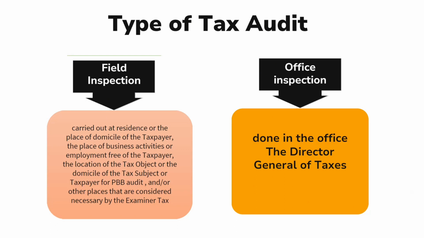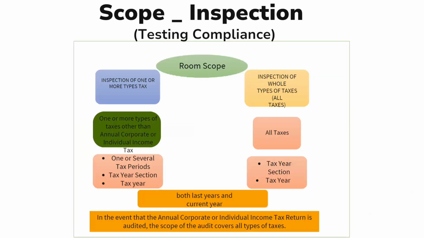Okay, the next is the scope of inspection or tax audit for testing compliance. The scope is inspection for one or more types of tax, meaning one or more types of tax other than annual corporate or individual income tax, for one or several tax periods, tax year sections, or tax years.